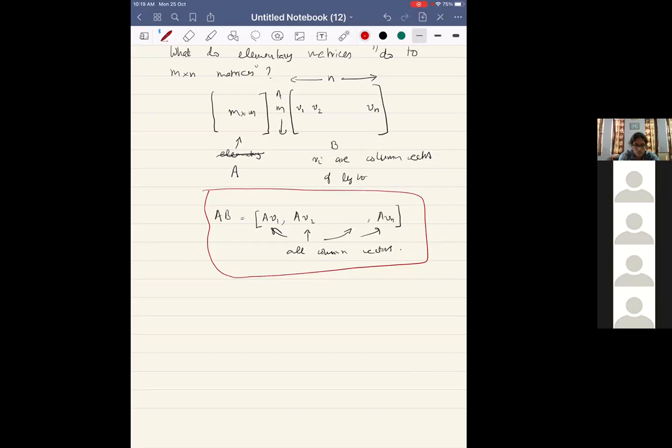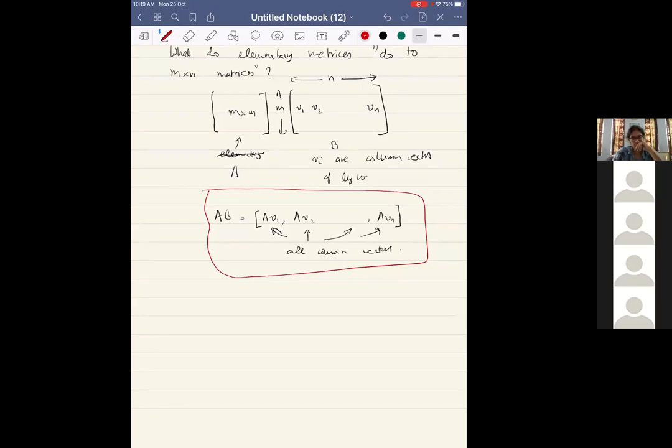And the final result of the section, which we will not prove, is that any m cross n matrix can be brought to row echelon form by multiplying by a suitable sequence of elementary matrices.